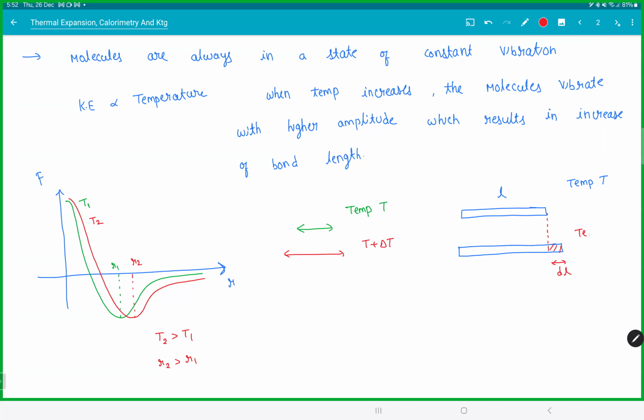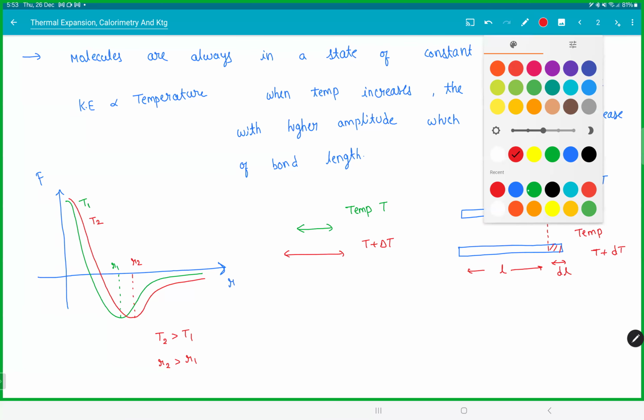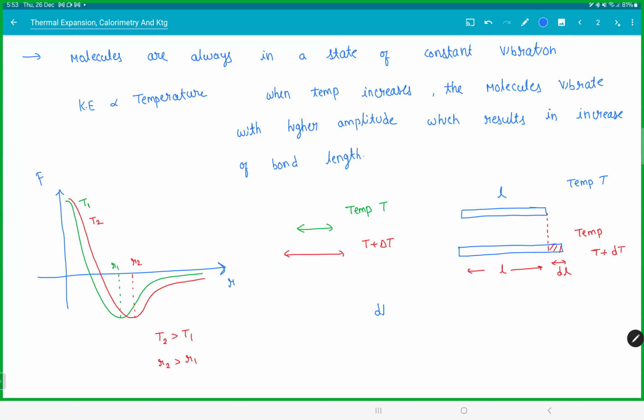This would be at temperature T plus dT. So basically here dL is the increase or change in length due to temperature change dT.